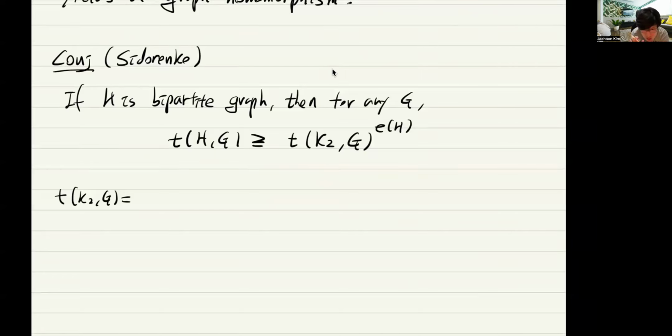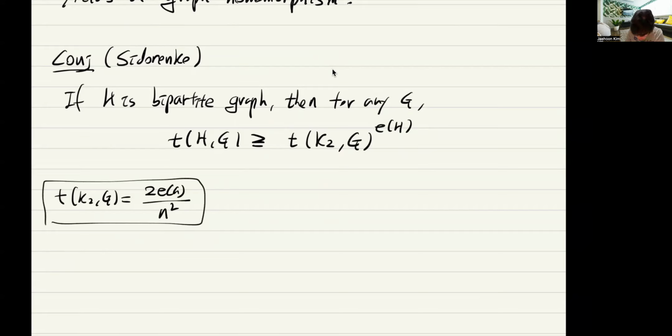For each edge, there are two ways to embed this K2 into G. So A and B, then for each edge, either A goes to here, B goes to here, or B goes to here, A goes to here, to be a homomorphism. So that's 2 times E(G) divided by n squared.